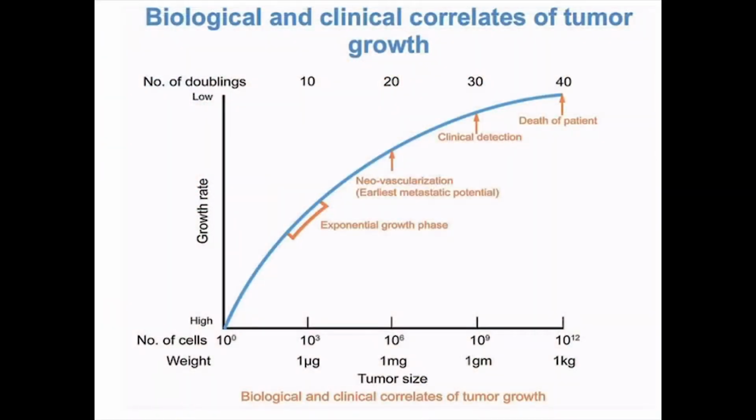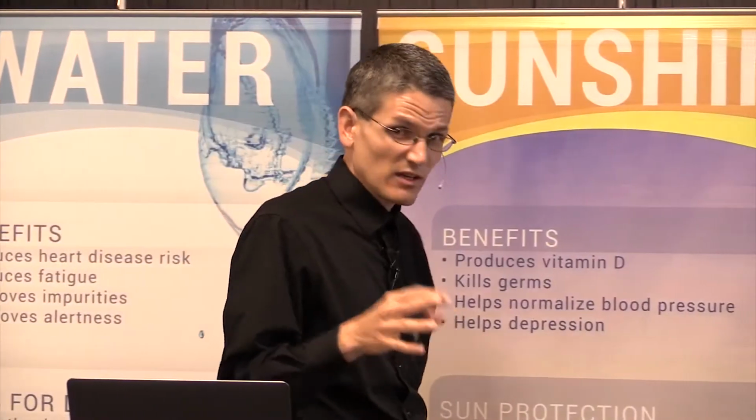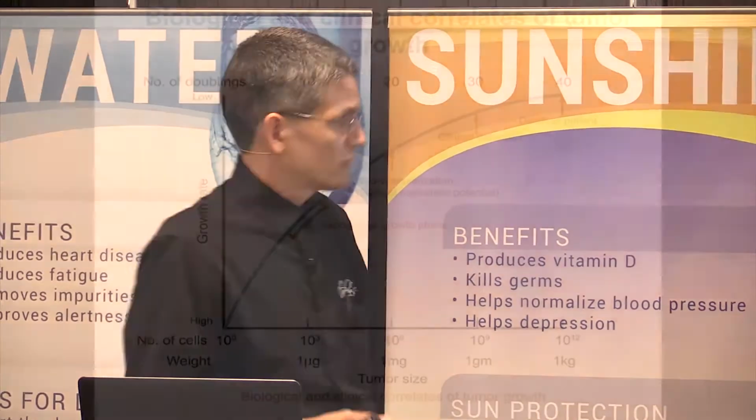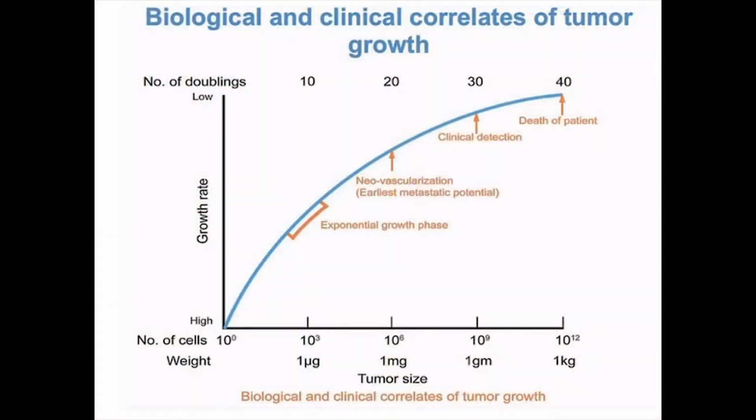Well, it's interesting when you look at the growth of cancer and how much growth you need before you ever realize that you have it in the first place. So over here on this graph, we have the biological and clinical correlates of tumor growth.